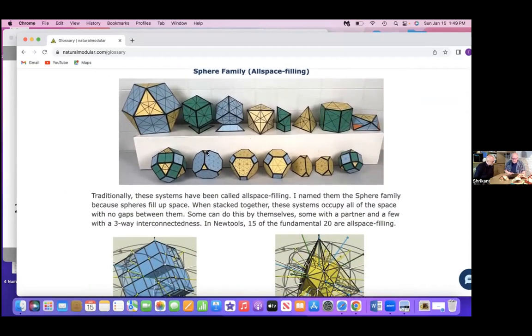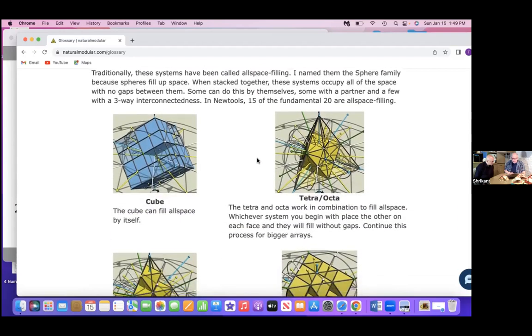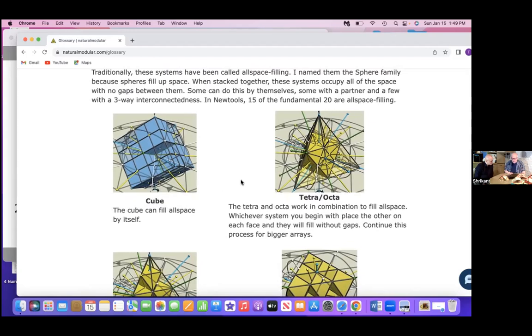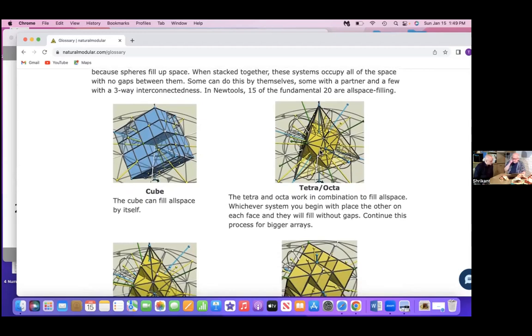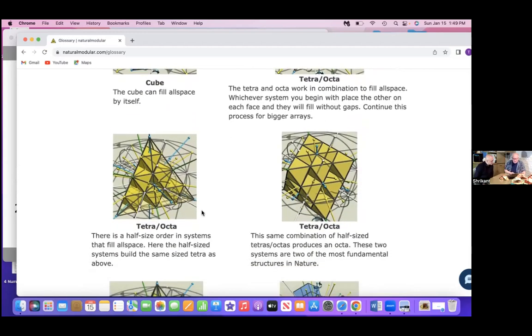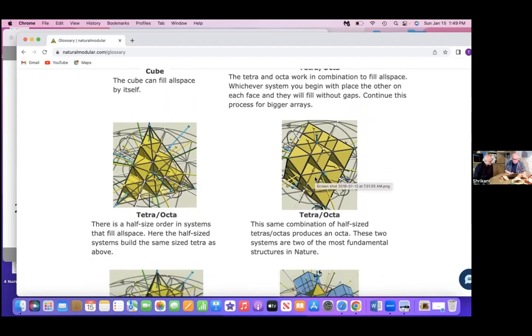And then here's the sphere family, and here are some examples of how they closest pack. The cube, the tetra closest packs with the octahedron, so inside every tetrahedron is an octahedron. And then you can see how it just keeps going. The same arrangement can make the octahedron as well.